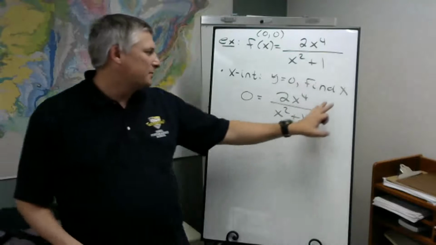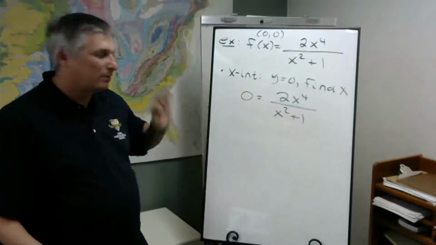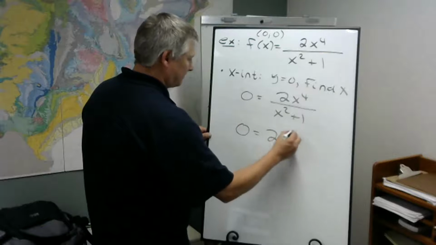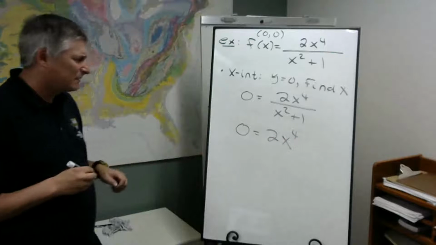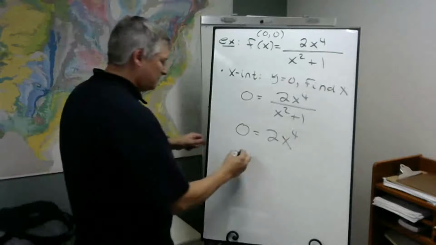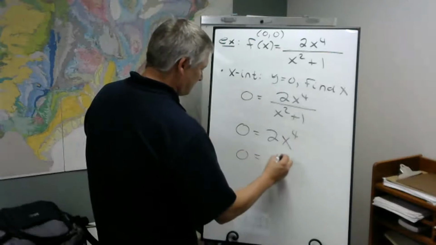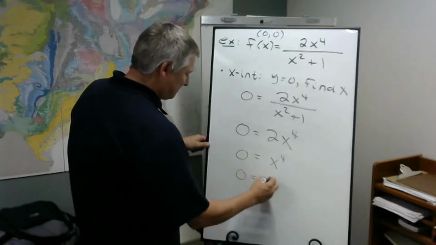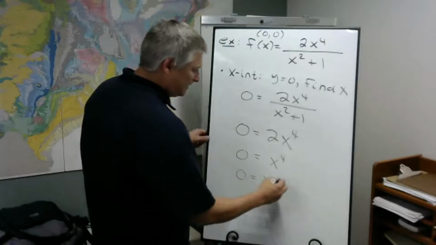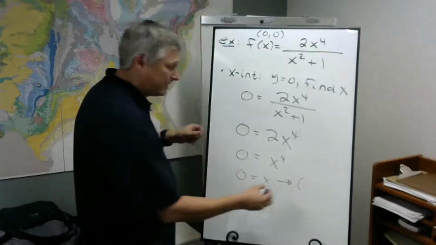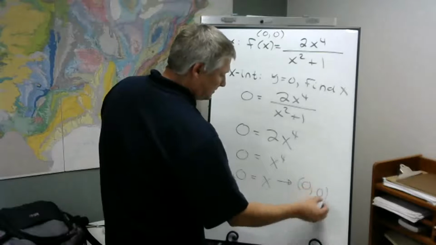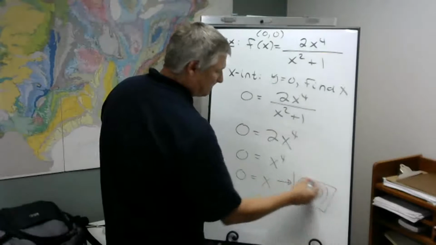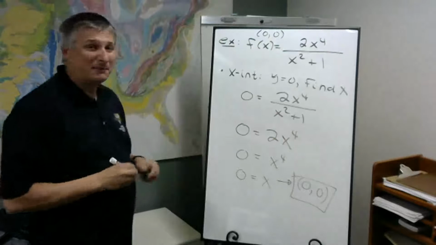And again, you can multiply both sides by x squared plus 1, and so what you're going to get is something like this. Divide both sides by 2. Take the fourth root. We're going to get x is 0. So this means, again, and this is the same point that we had before, we get 0 and 0. When y was 0, x came out to be 0. So it's just that point again.